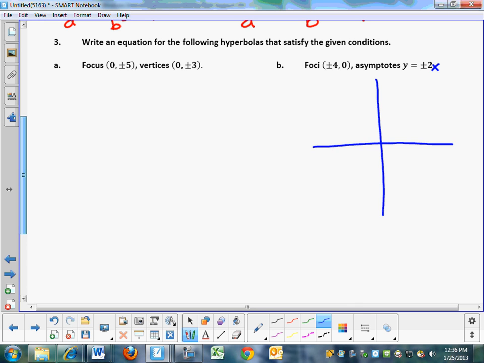If I make just a little sketch here, I know that the focus points lie here and here. So will x squared be first or will y squared be first? X squared.